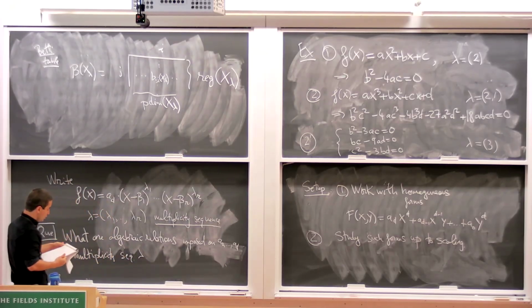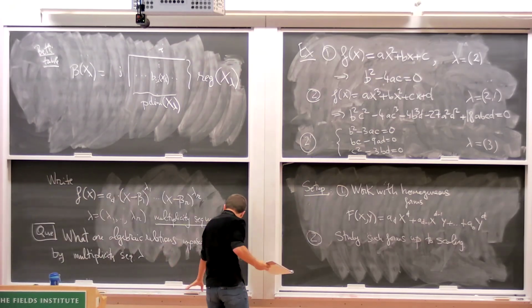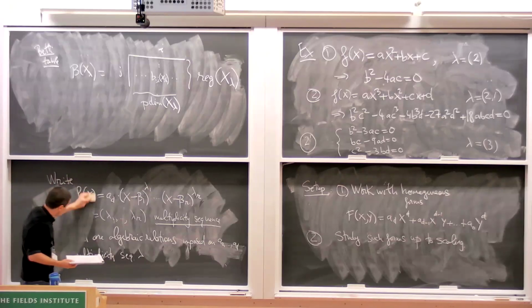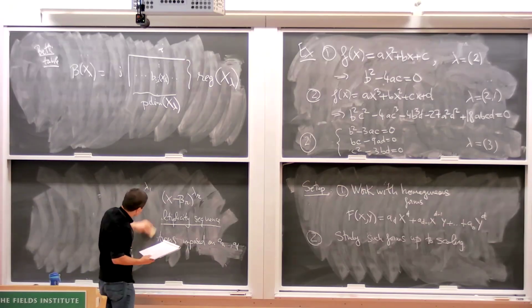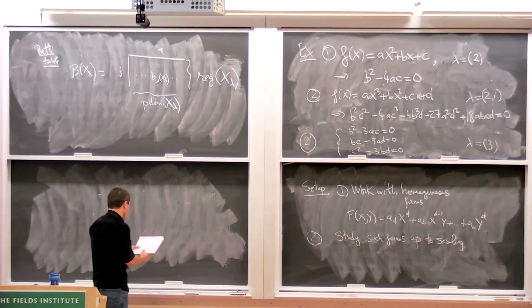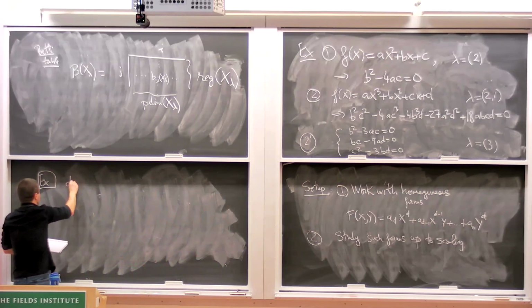Okay, so let's do this example. So d equals 3, cubic forms. So we have a triple factor. So d equals 3 again.